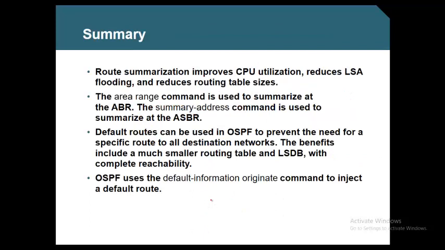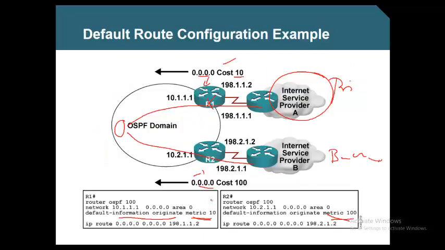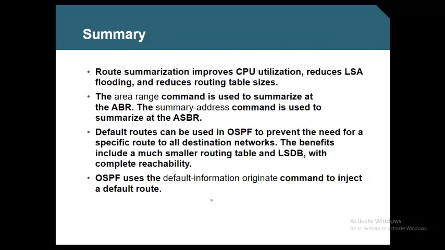Right. So this chapter was small but very informative. We learned about why summarization and types of summarization: ABR summarization and ASBR summarization. ABR summarization is the one which we do on the ABR, where type 3 is going to be reduced. ASBR summarization we do on the ASBR itself, where type 5 is getting reduced.